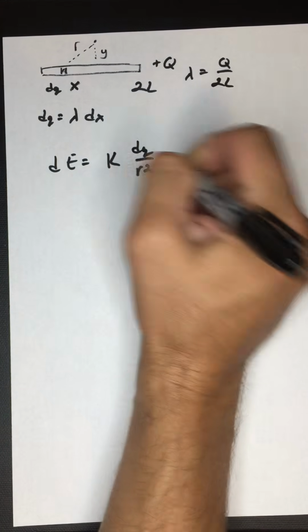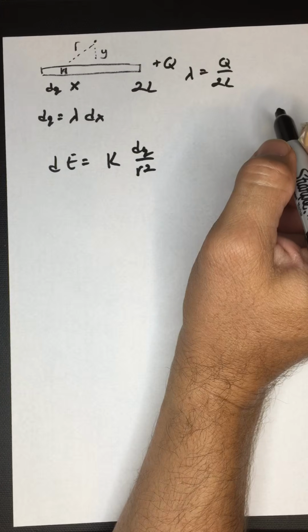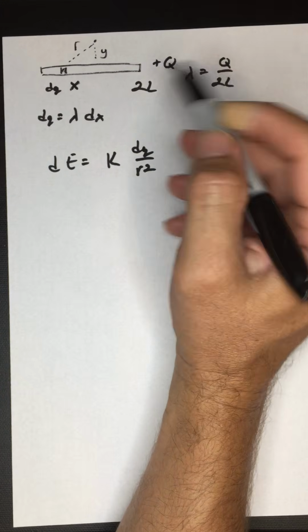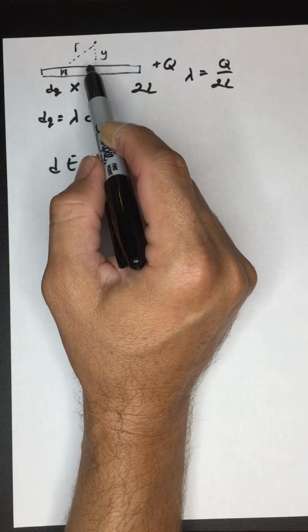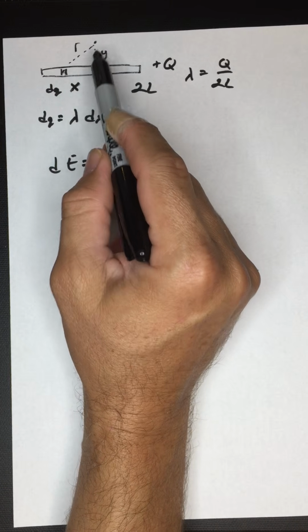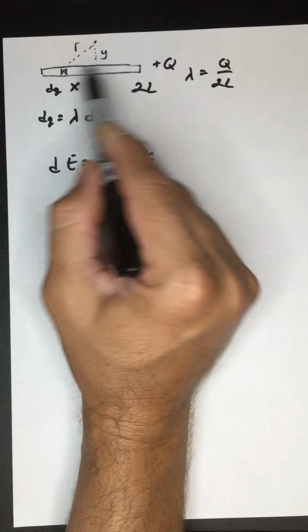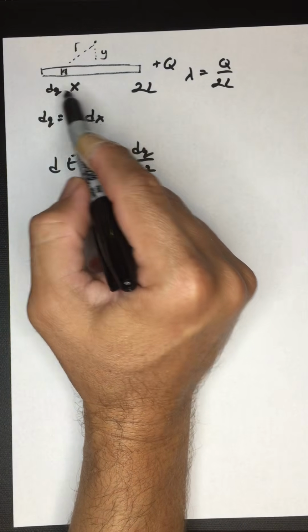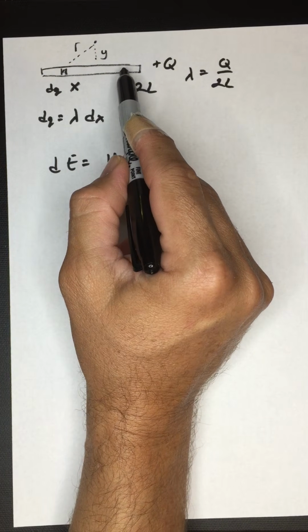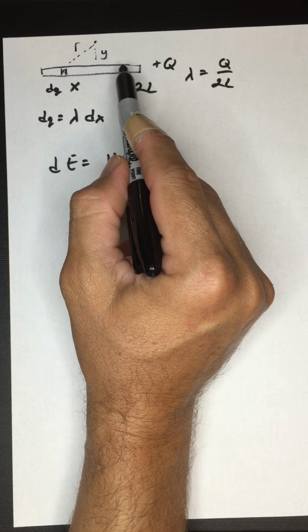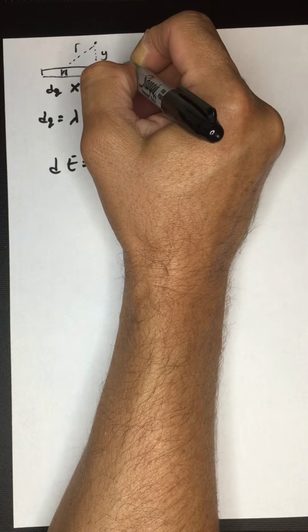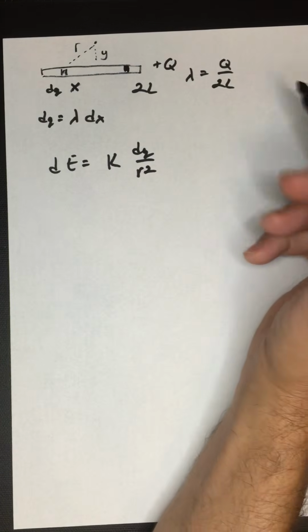So here we are. To then form the differential field at this point, I say dE is equal to k dq over r squared. And then I'm going to recognize that because this is symmetrically over the midpoint, any electric field at this point will have a component in the horizontal direction that will cancel with a component from a symmetrically placed charge, right? So over here, there's another dq there.